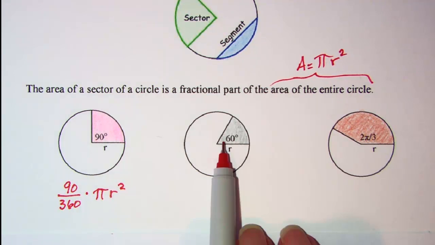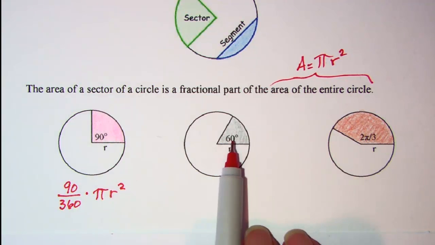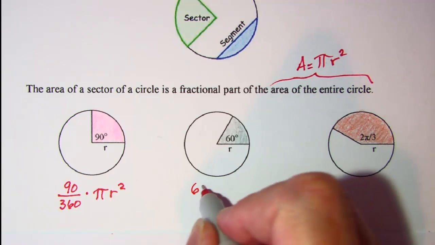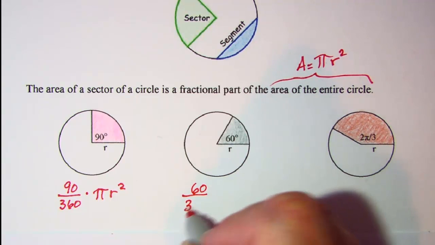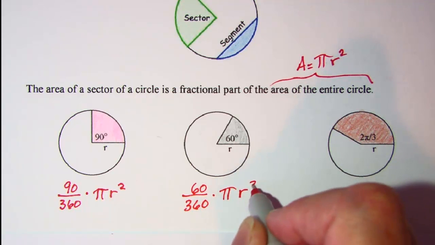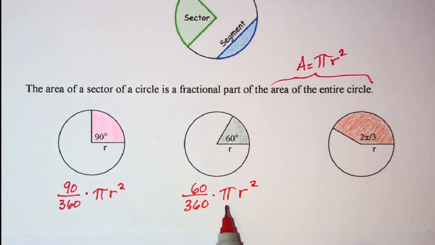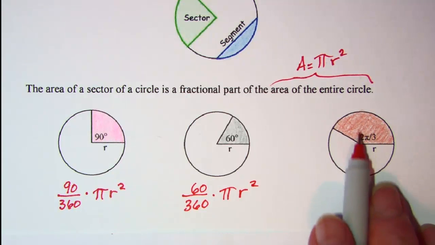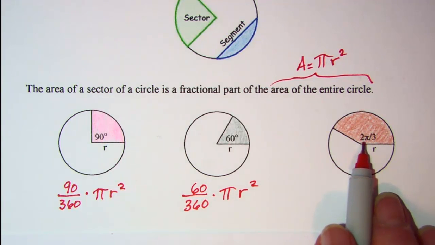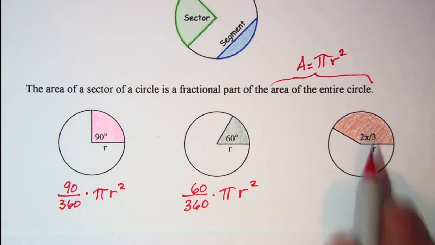For this sector that's shaded gray, we could find that area by 60/360ths of pi r squared. And this one is a little different because the central angle is given in radians, but we can still do the same thing, the fractional part.